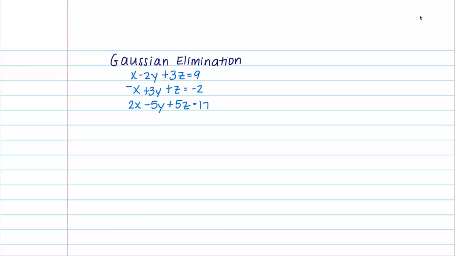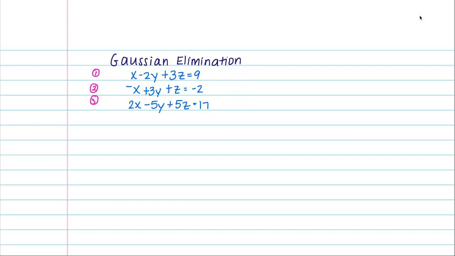So the first thing that's helpful to do is to label our equations. So I could call this equation 1, equation 2, and equation 3. And we're going to start adding our equations together. Remember, we can multiply by a constant, but our goal is to combine equations to make a new equation.